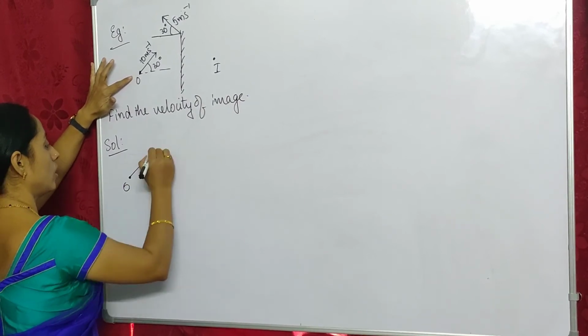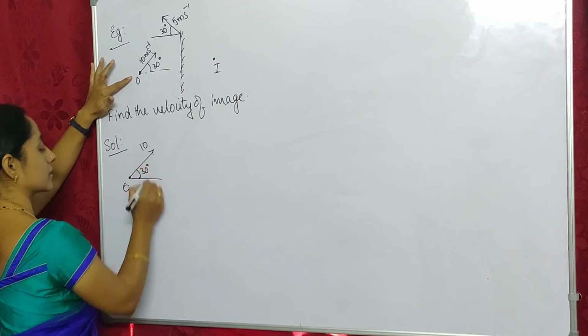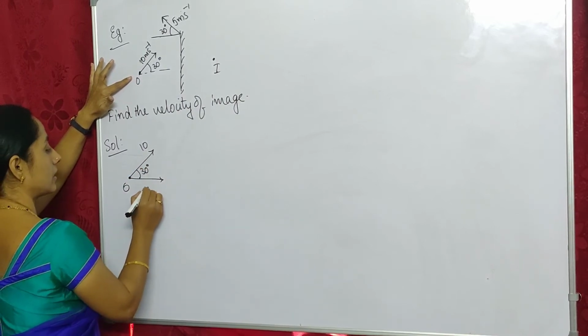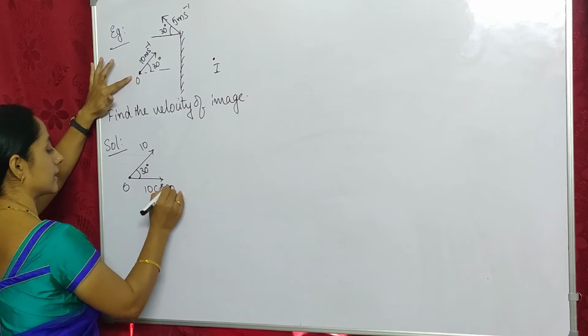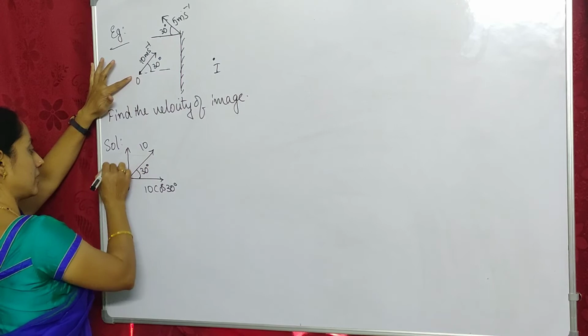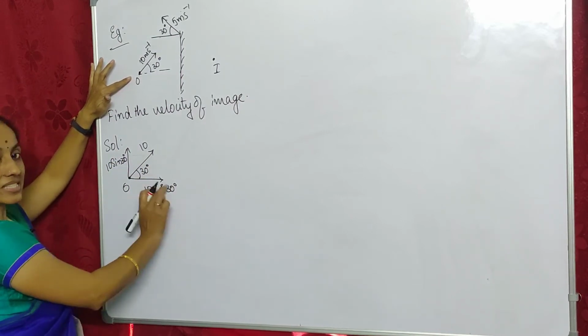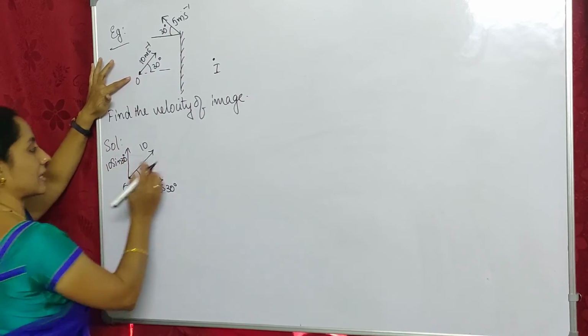This is O. This is 10 meters per second making an angle 30 degrees. So what do we get here? 10 cos 30 degrees, and this side we get 10 sin 30 degrees. This is along positive x direction, this is along positive y direction.